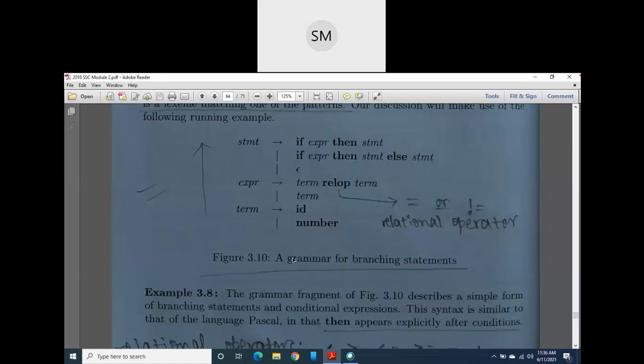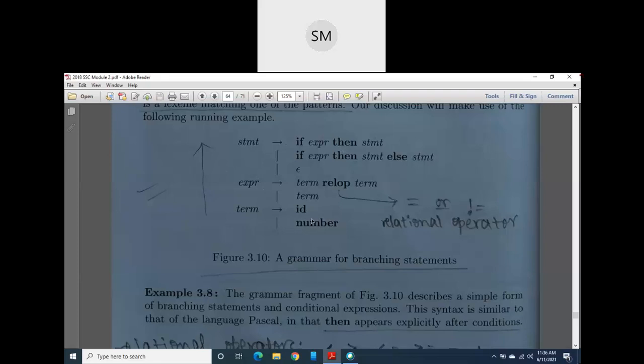In this diagram we have a set of rules. Totally 7 rules are here. The first line is one rule, then second rule, third, fourth, fifth, sixth and seventh.